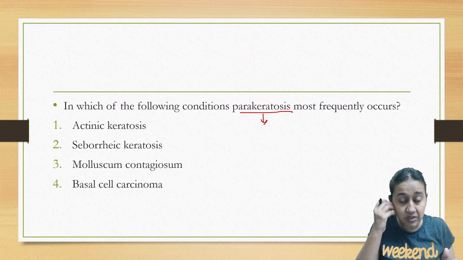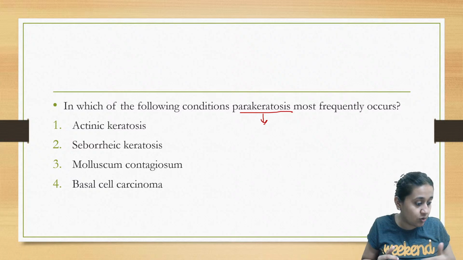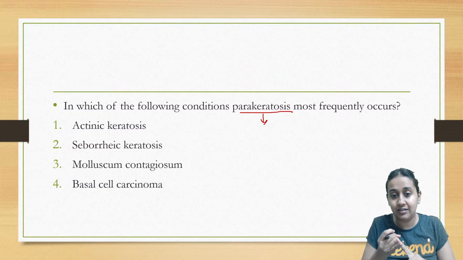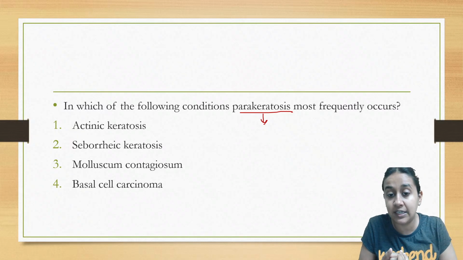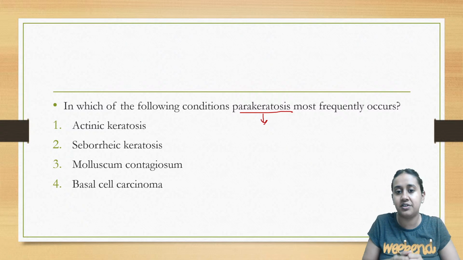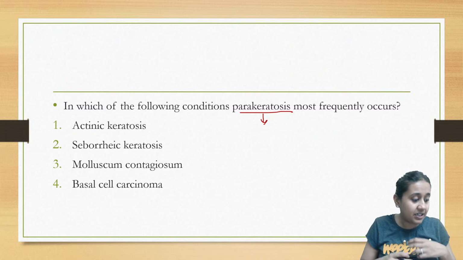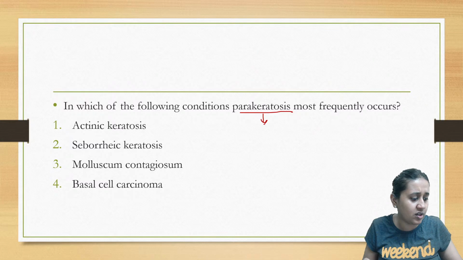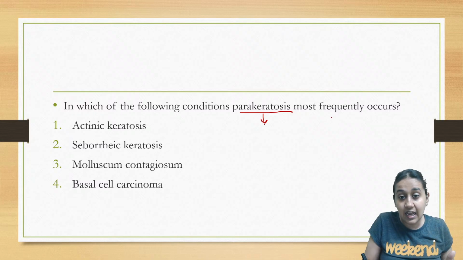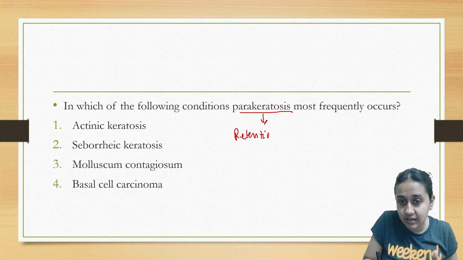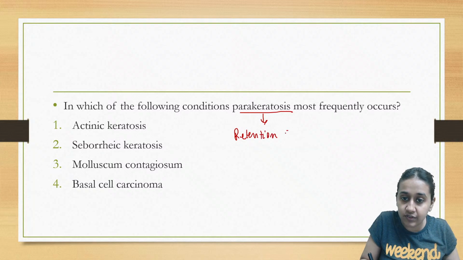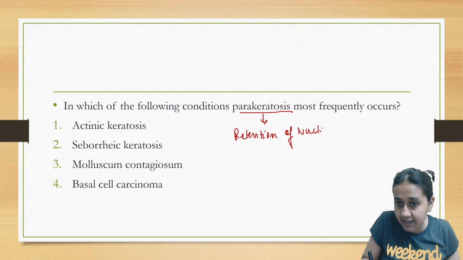After division, the cell slowly moves upward, reaching the stratum spinosum, then stratum granulosum, lucidum, and finally stratum corneum. As the cell progresses from the lower part to the upper part, two things happen. One, there is a change in the shape or morphology of the cell. Second, a very important feature, there is loss of intracellular organelles. But there are a few conditions where the intracellular organelles are not lost, and one of them is retention of the nucleus, which is known as parakeratosis.